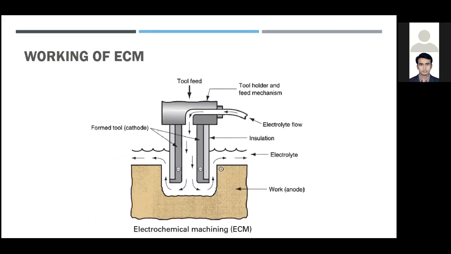This is a graphical representation of electrochemical machining. Here we can see the workpiece, which is basically an anode, and this is the electrolyte flow, and this is the tool, which acts as a cathode. I'm going to describe the working process in 4 steps.